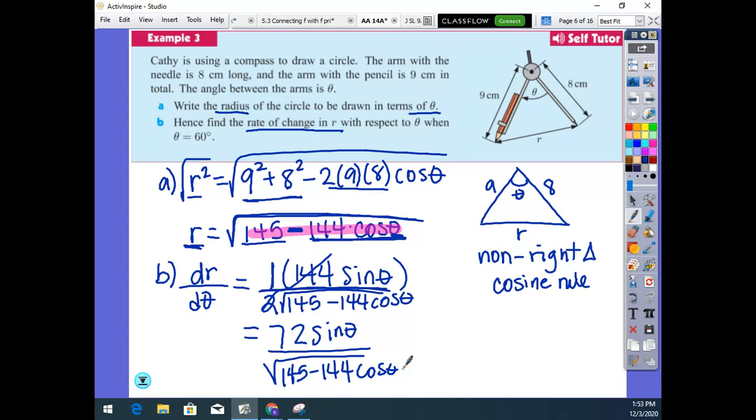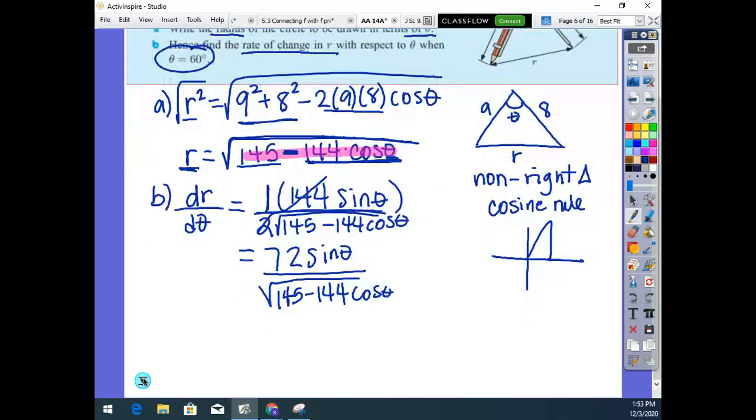Okay, so I'm going to show you all the details on this last step here, but you still will need a calculator at the end. I'm going to draw out because theta is 60. And what's important with this, we had to take the derivative first before we can plug in theta is 60.